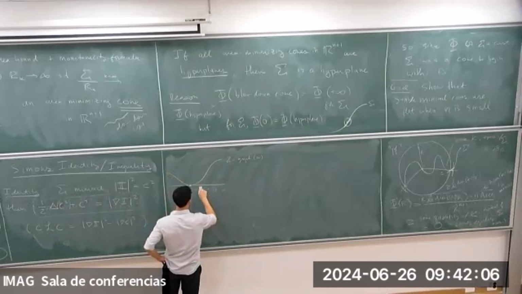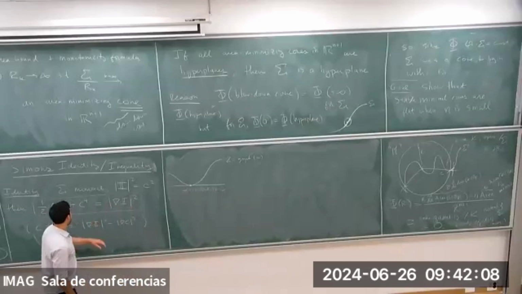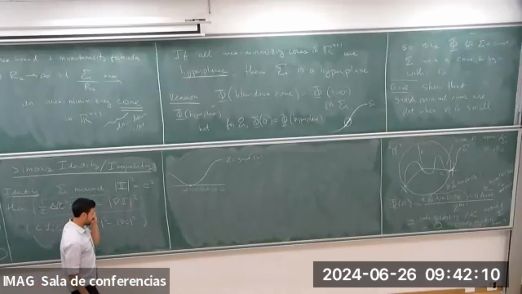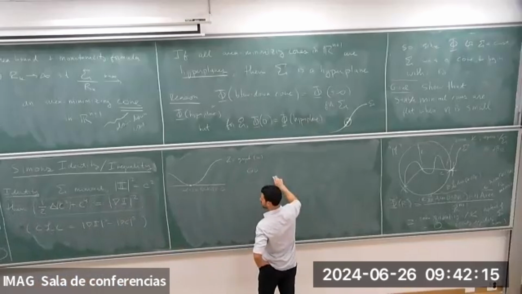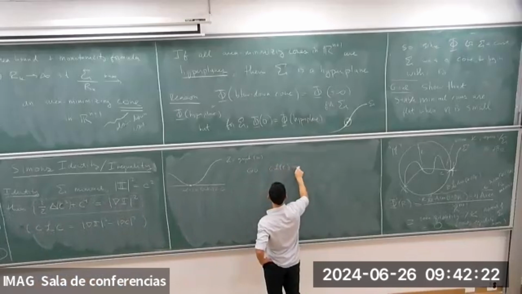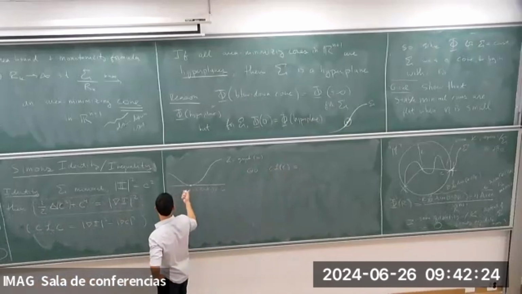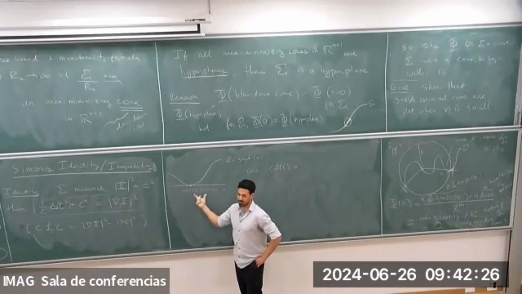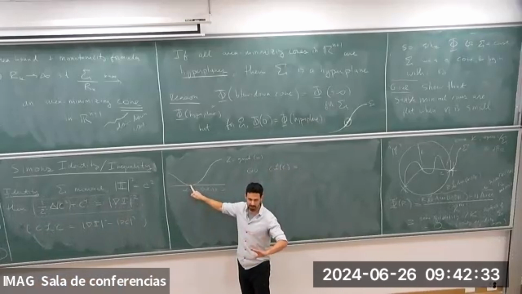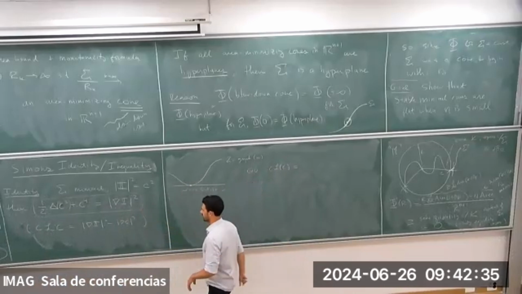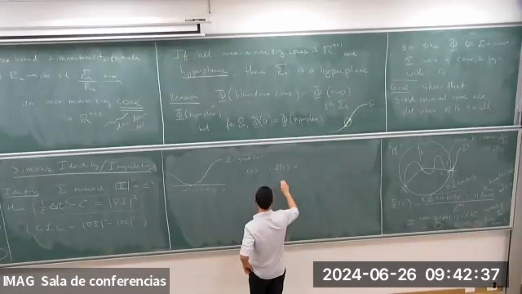So that's 0. Another way of writing this right here is that at 0 we have c. So in terms of the function w, basically you just write the second fundamental form in terms of this function w. If you perform the calculations at the point where the gradient vanishes, life gets a lot simpler. A lot of things cancel out. That allows deriving this to be a little less annoying.